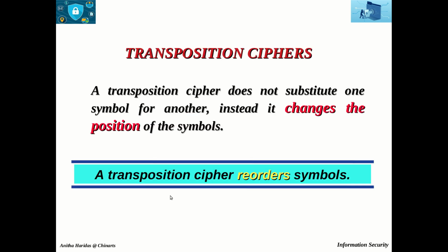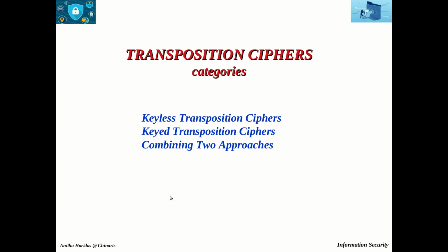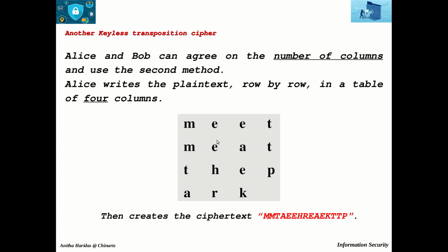In the previous video we talked about the keyless transposition cipher, because the transposition ciphers have three categories: keyless, keyed, and the two approaches can be combined together. Now in the keyless transposition cipher we have seen what is rail fence cipher.